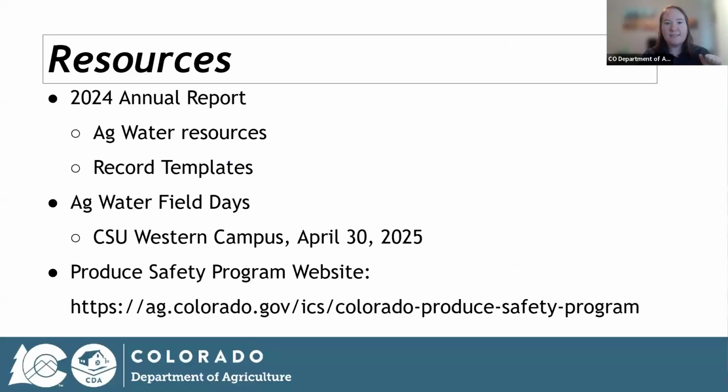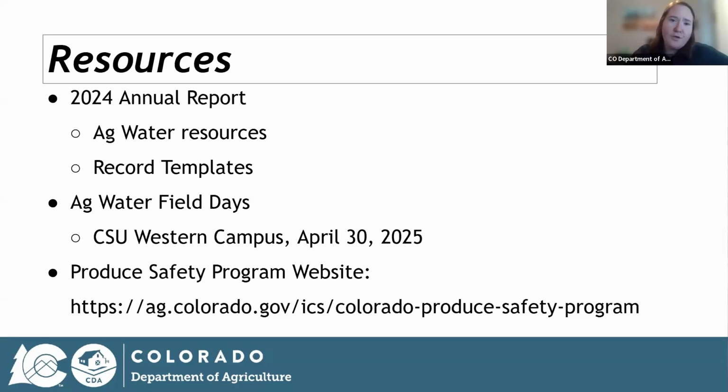As far as resources, these are the ones that we have. We do have our 2024 annual report out. This is where you can find record templates. We do have some ag water resources in there. Specifically, we do have a couple of papers out from Arizona. Dr. Chana Rock down there, she's kind of our ag water expert. So she has been the one that's been doing a lot of the research.